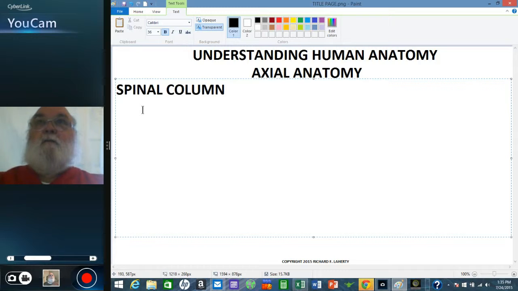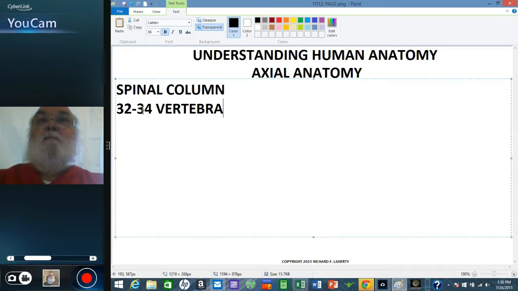The spinal column is composed of 32 to 34 vertebrae. These are the bones of our spinal column. It is what is known colloquially as the backbone.